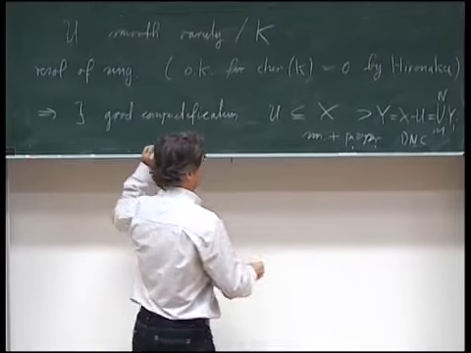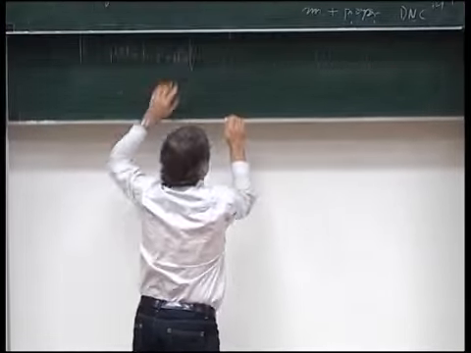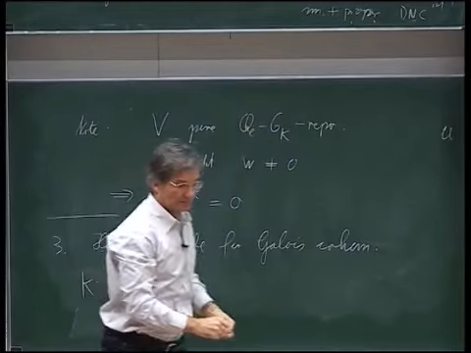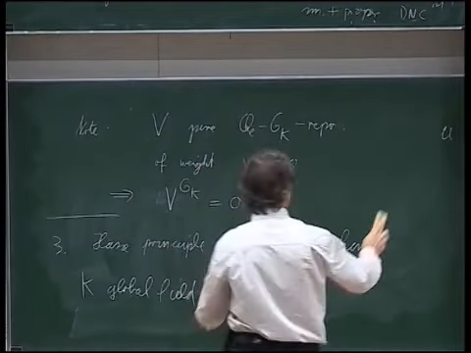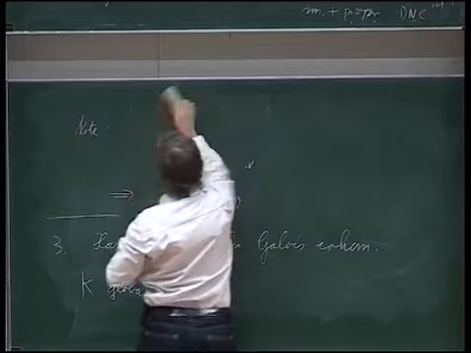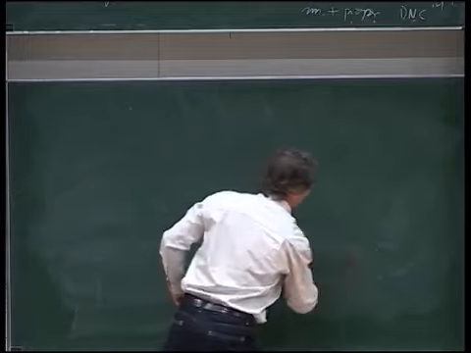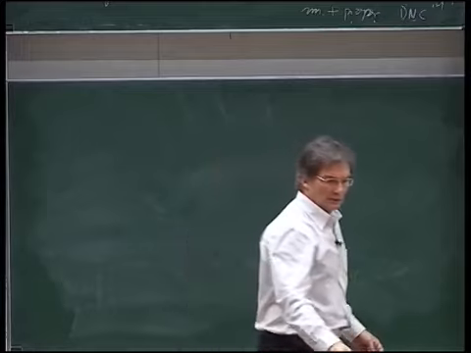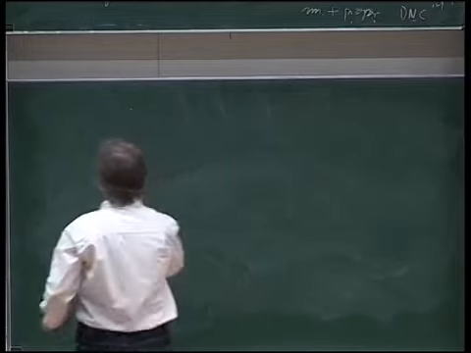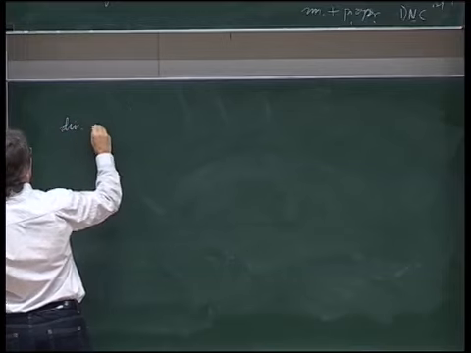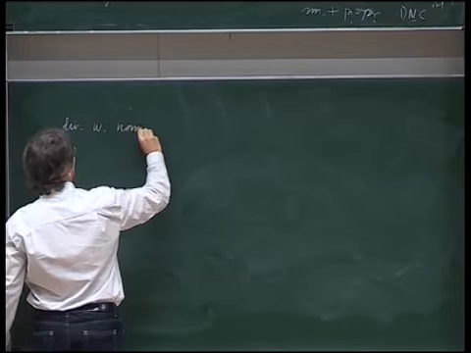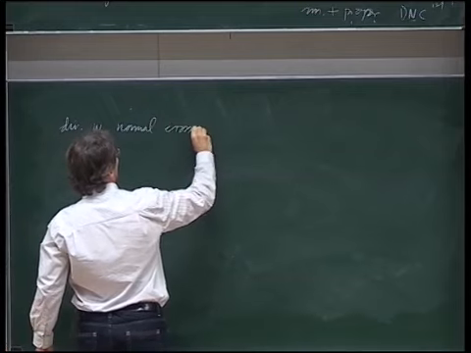So, divisor with normal crossings, what does it mean in down-to-earth terms?